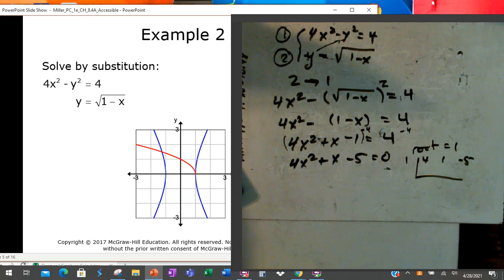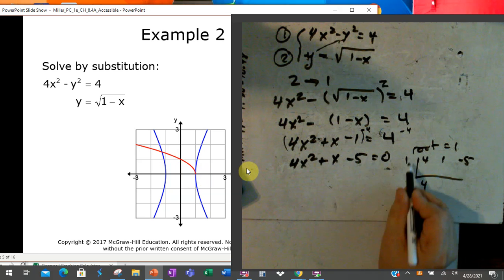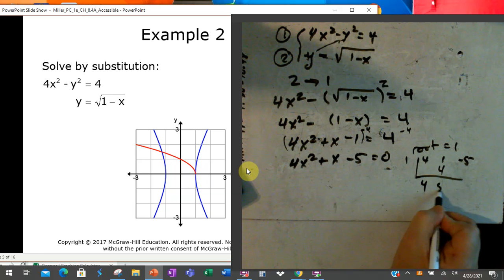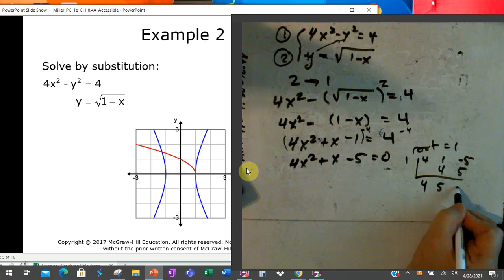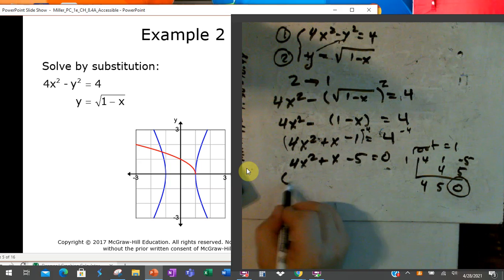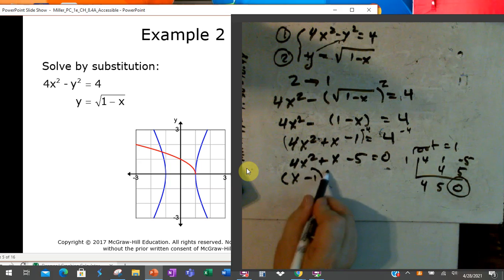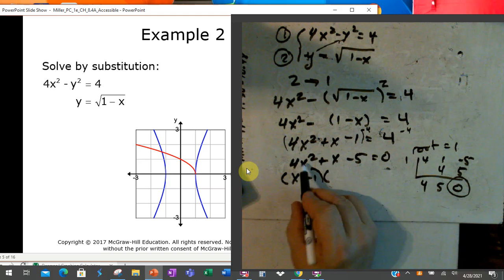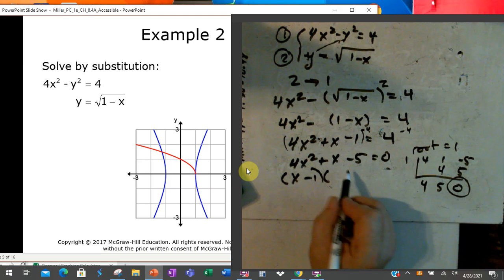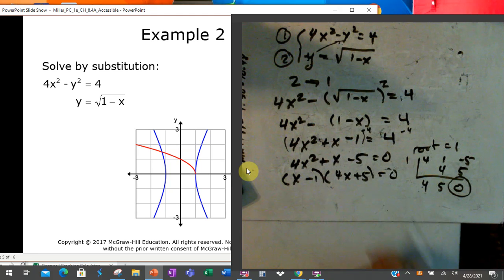Instead of trying to factor, I'm going to use this information to do one of these things. 4, 1 times 4 is 4, 5, 1 times 5 is 5, 0 says indeed that is the other factor, okay? So my root is 1, x minus 1. The other one, I reduce the degree by 1. That's the coefficient, 4x plus 5 is equal to 0.